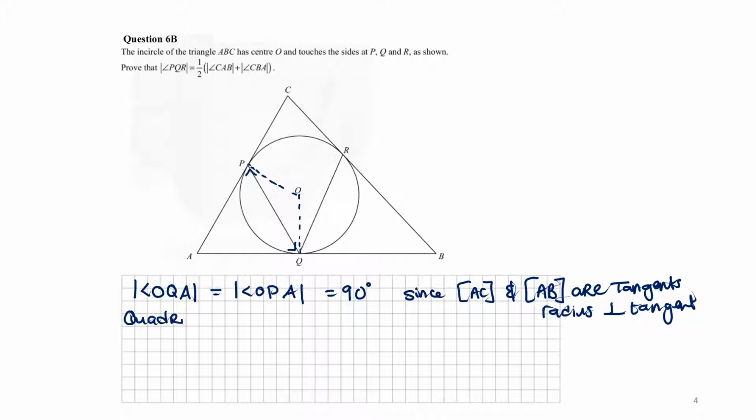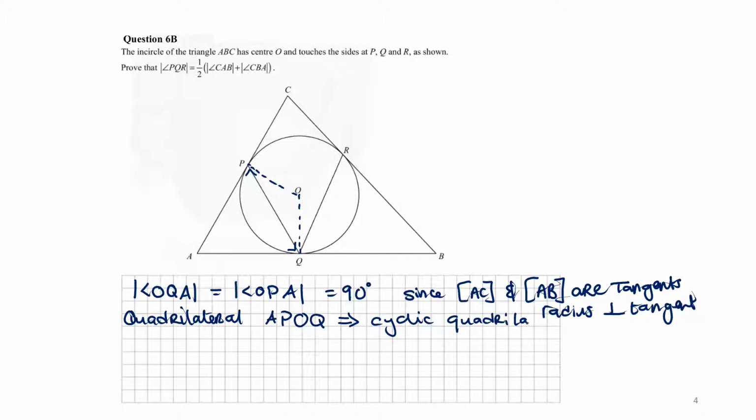So what we can say there then is O to Q to P is the same as, sorry, I need to move to another colour.